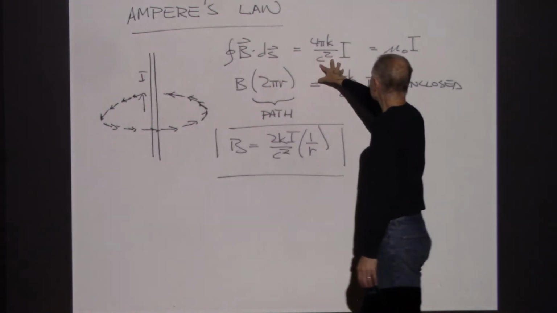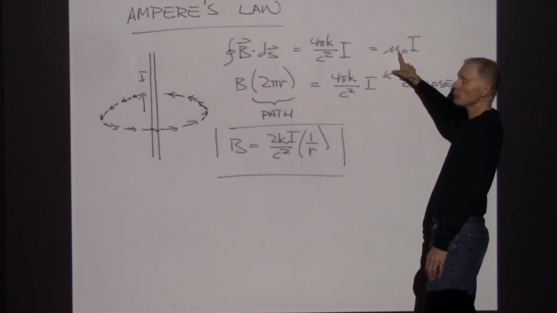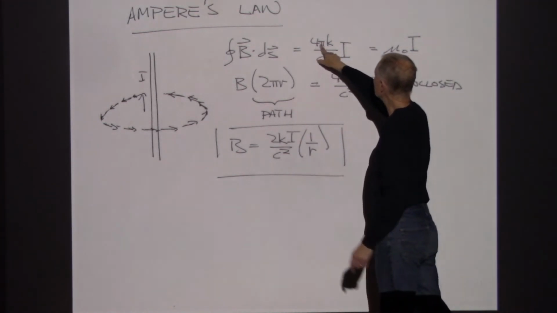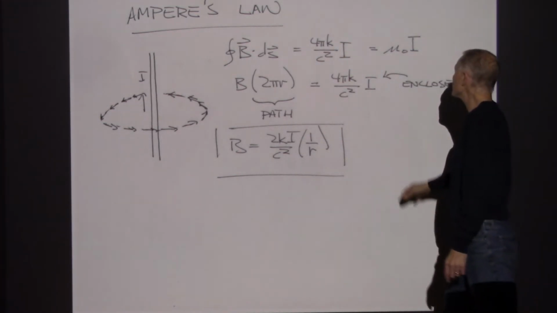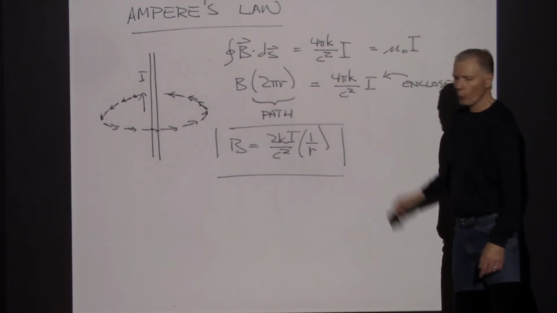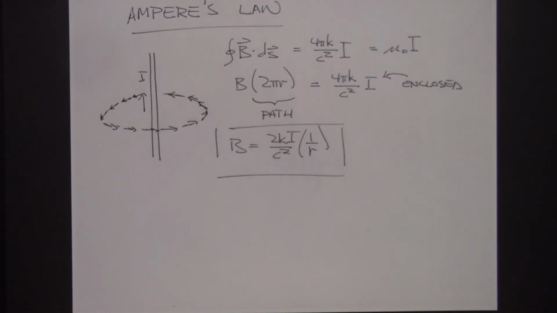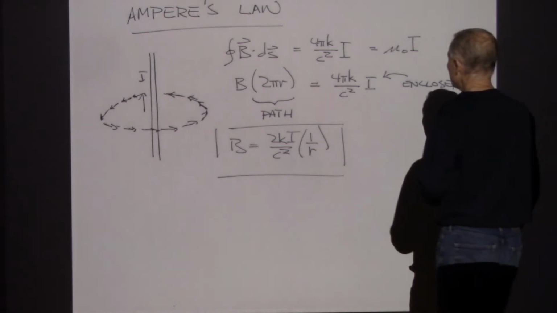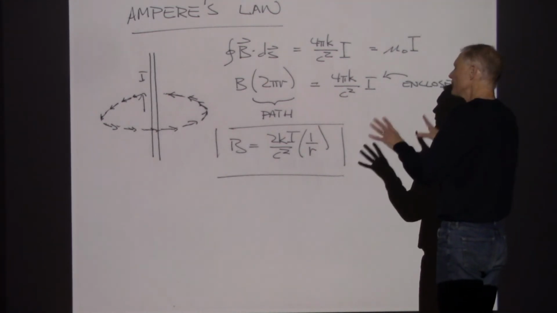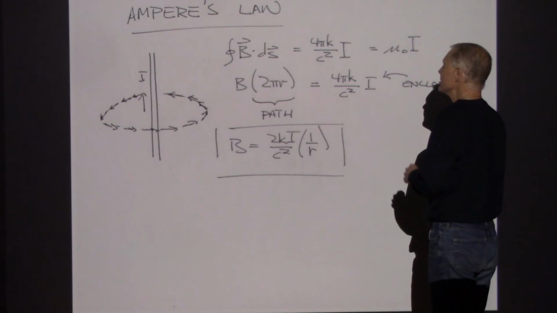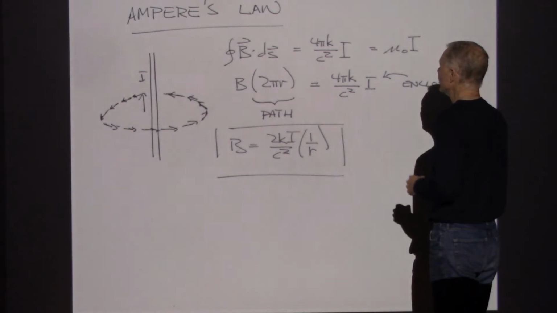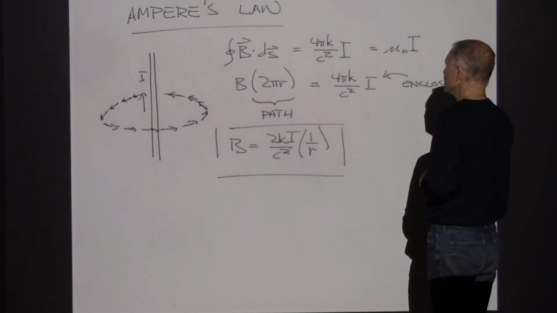The other item that I've changed is that instead of using mu naught, I'm going back to using 4 pi k over c squared, because if I only have one force, I only need one force constant, and I don't want to complicate my life with more than one. You're welcome to use the mu naughts. I'm going to keep using 4 pi k over c squared because I think it gives us insight into how the electric and magnetic forces and fields are related.